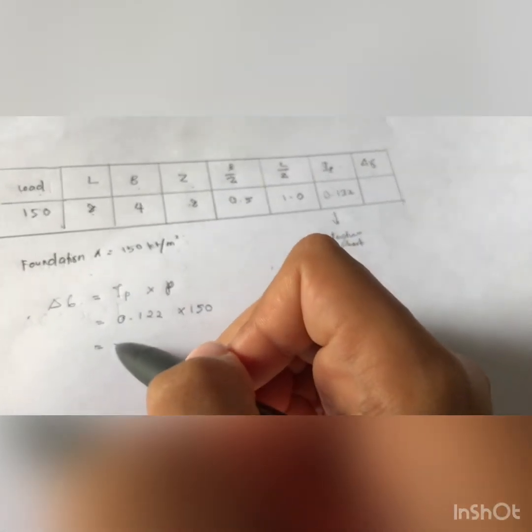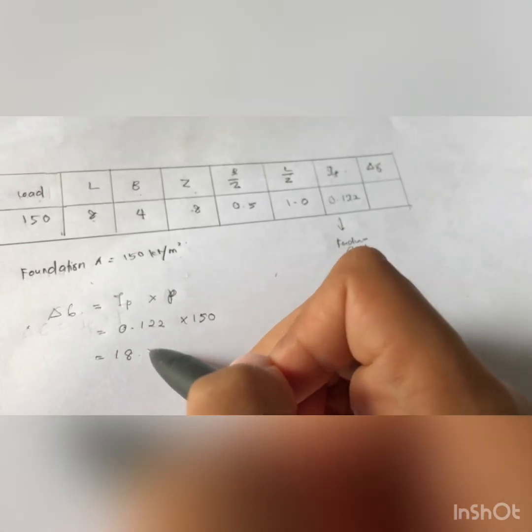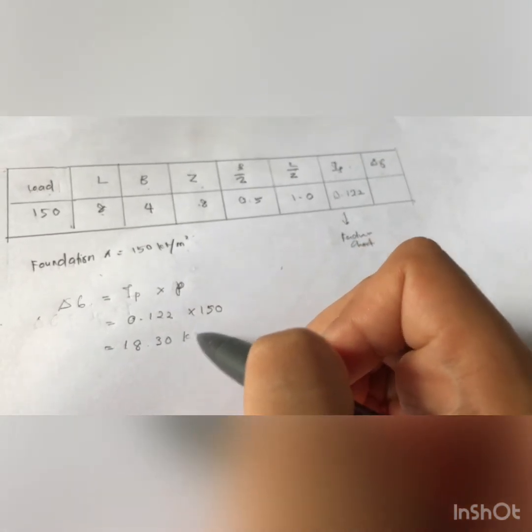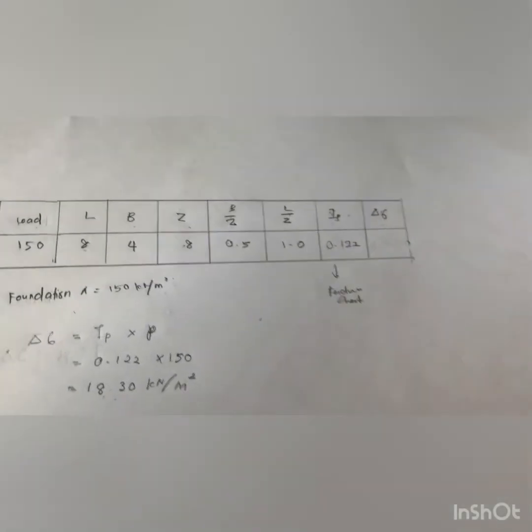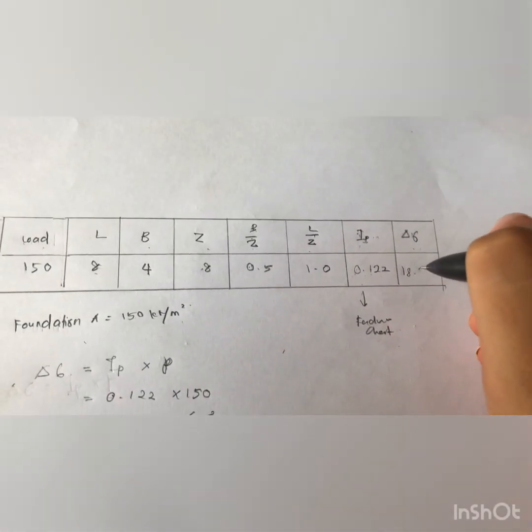So, the total that I get is 80.30 kilonewton per meter square. So we write it in this, 80.30. So, this is the full answer that we get. Okay, that's all for me. Thank you.